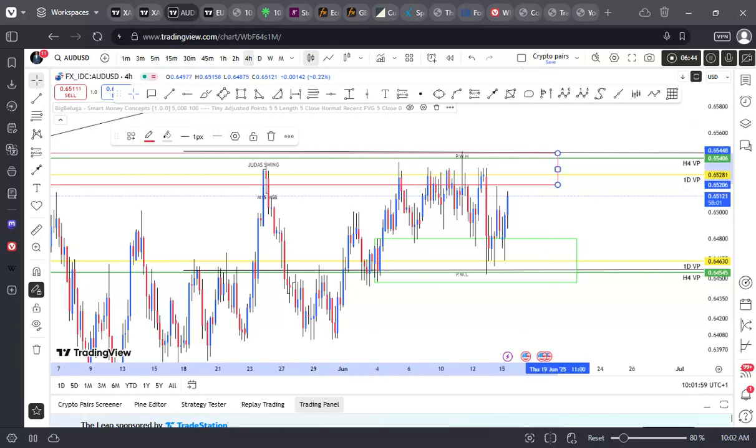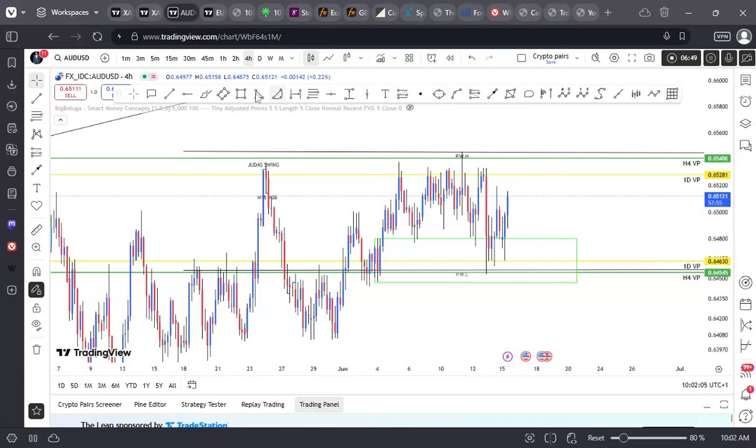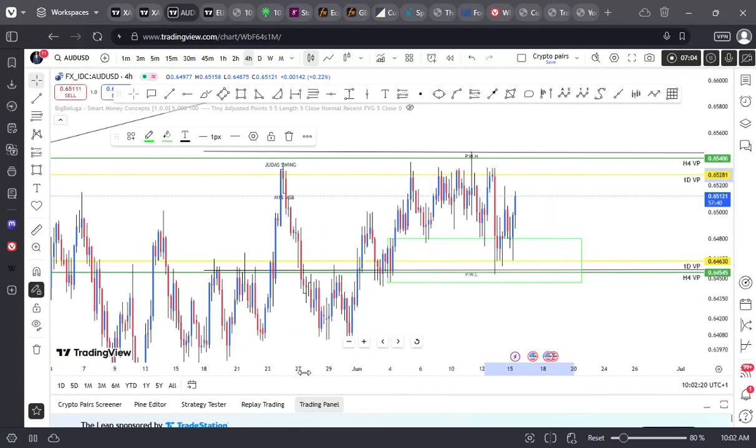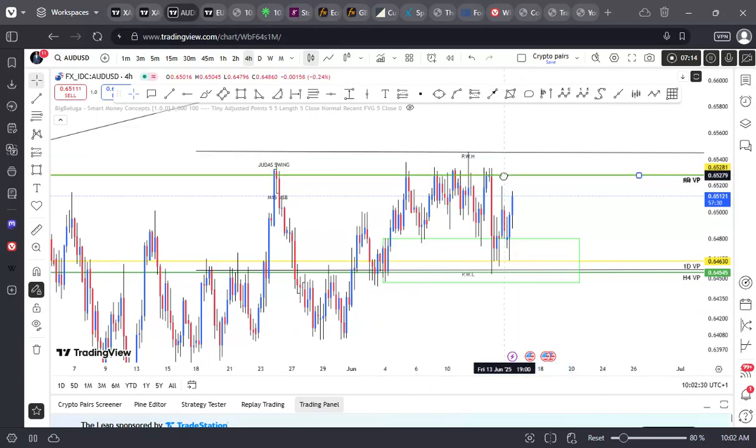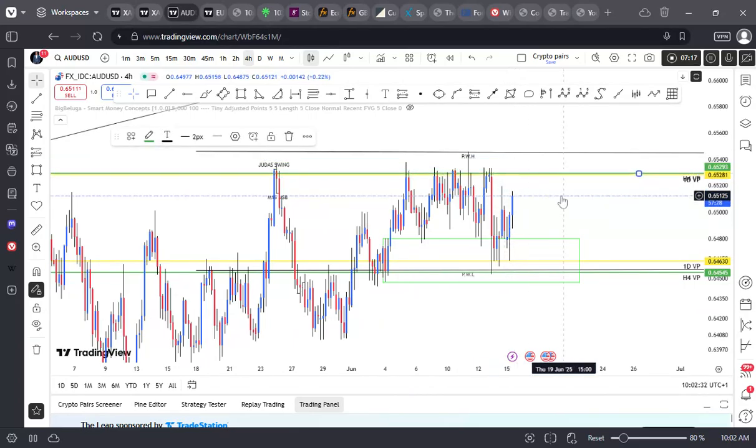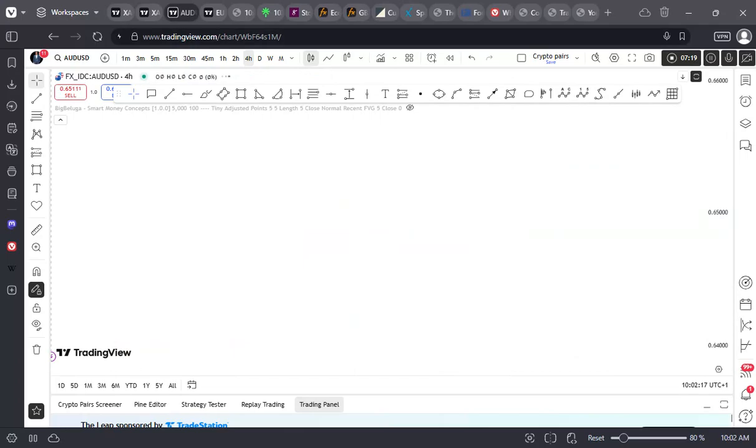For this right now, there is a 4 hours supply zone over here. I will have to update this at the 4 hours consolidation point.